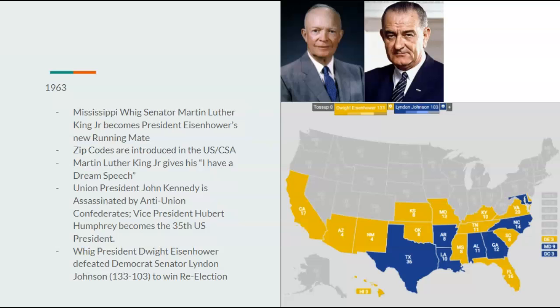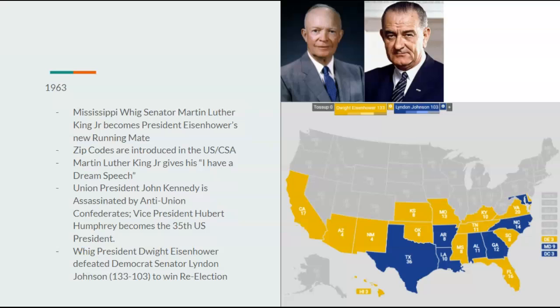Also some bad news. Union President John Kennedy is assassinated by anti-Union Confederates. So one of two things can happen here. You can say they're Confederates from Kansas, Missouri, Kentucky, and Virginia, and they came in to assassinate John Kennedy because they hate the Union.